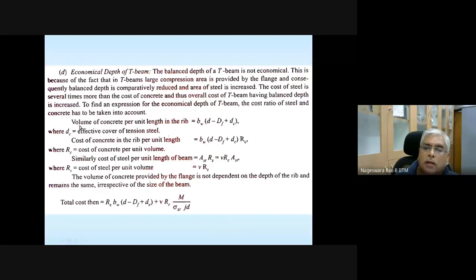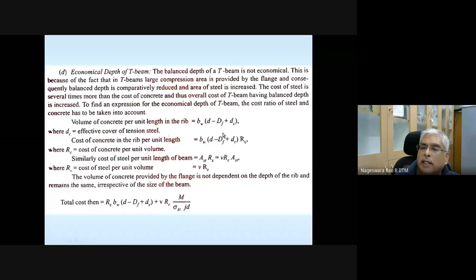So here, the volume of concrete per meter length in the web is given by this. See whether you agree with this or not. BW is the width of the web region, and small d is the overall effective depth, minus the depth of the flange, plus the cover depth added. The cover depth is below the tensile reinforcement.